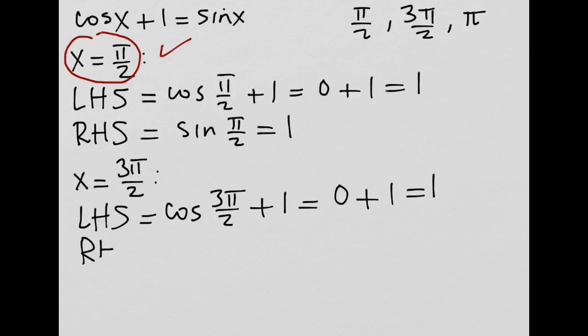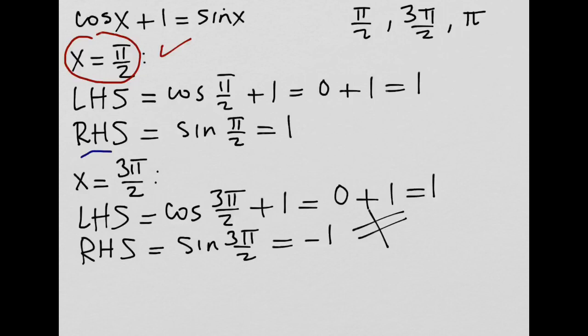The right-hand side is sine 3 pi over 2, which is negative 1. Notice the left-hand side and the right-hand side are not equal to one another, so x equals 3 pi over 2 is not a solution to our equation cosine x plus 1 equals sine x.